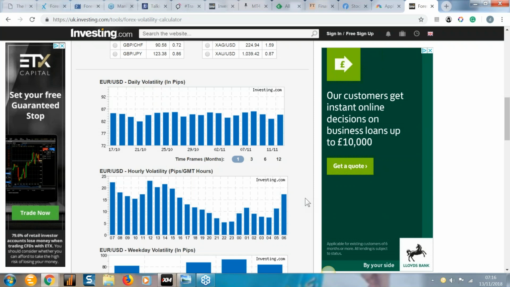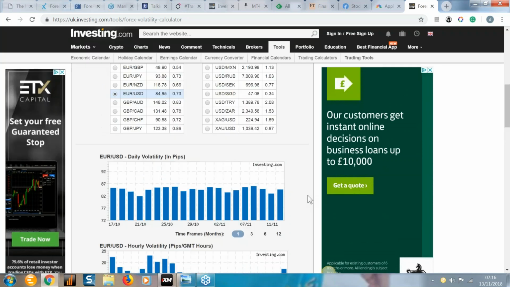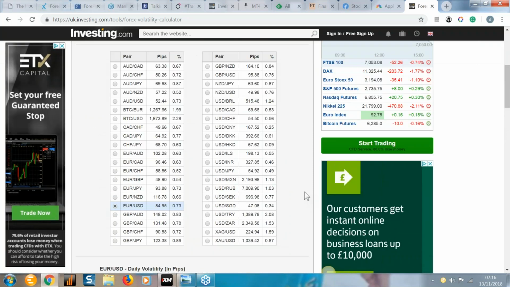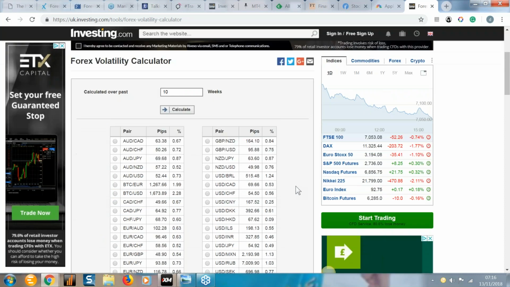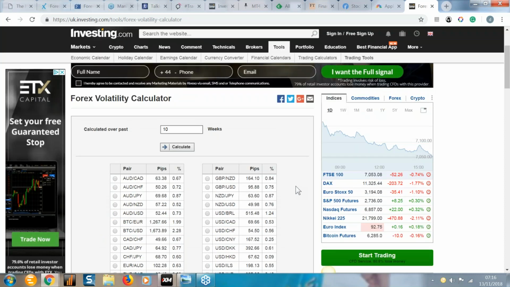So let's look at this. I've just highlighted euro dollar. In the program, we actually calculate a volatility coefficient, so you can see which ones move, etc., etc. But if you don't have access to the program, you've got to go and look up something like a Forex volatility calculator.